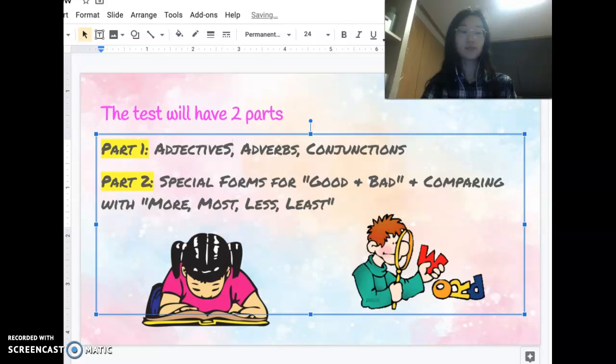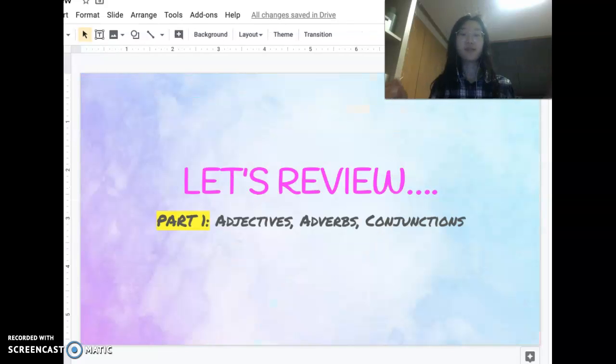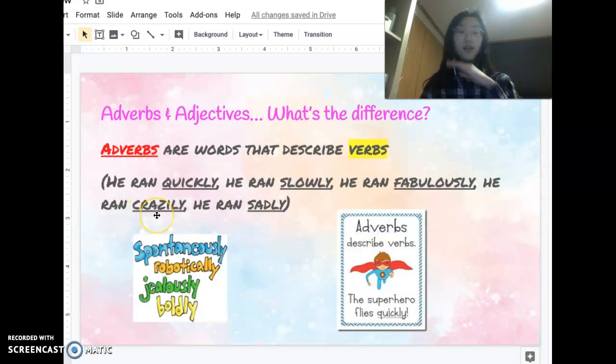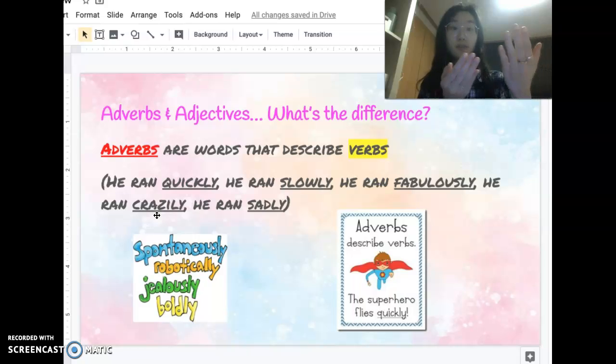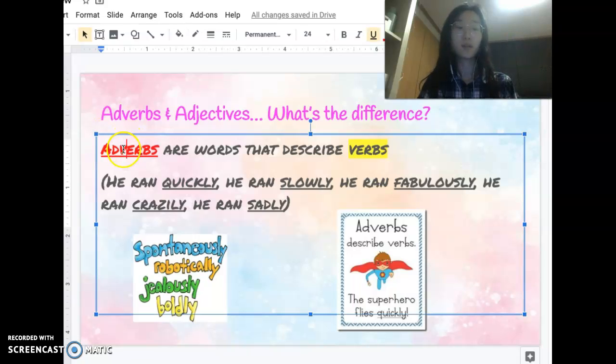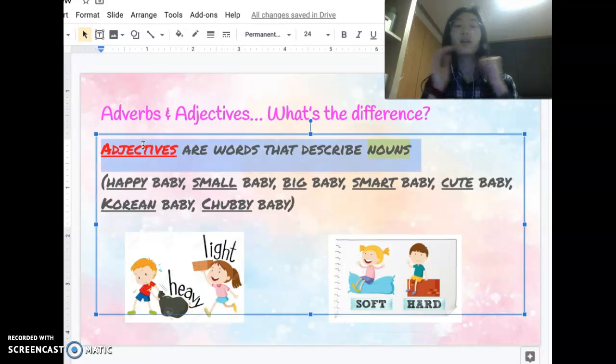So, what is the difference, first of all, between adjectives and adverbs? Simply put, adverbs describe verbs, hence the word verb is hidden in here. So adverbs describe verbs and adjectives describe nouns.